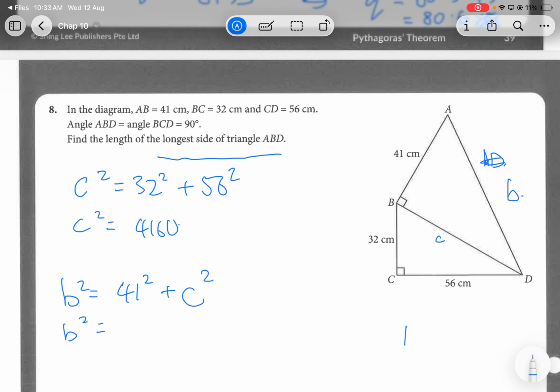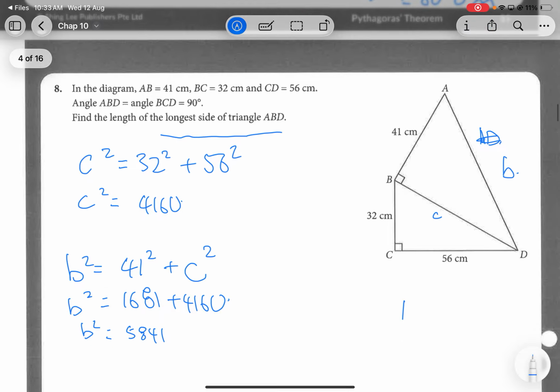AM, let's call it X. X square plus 30 square. X square equals to 325.